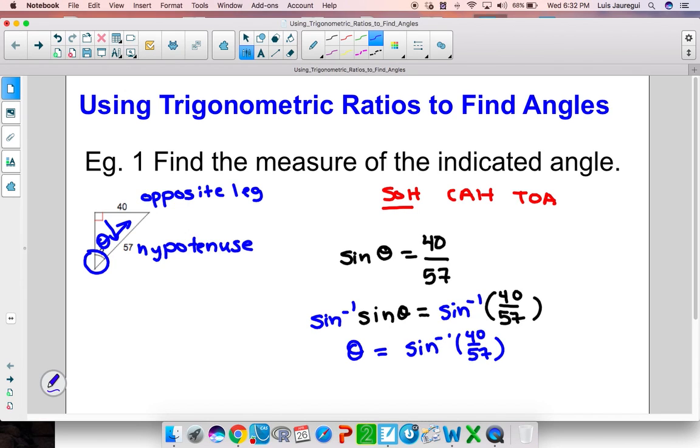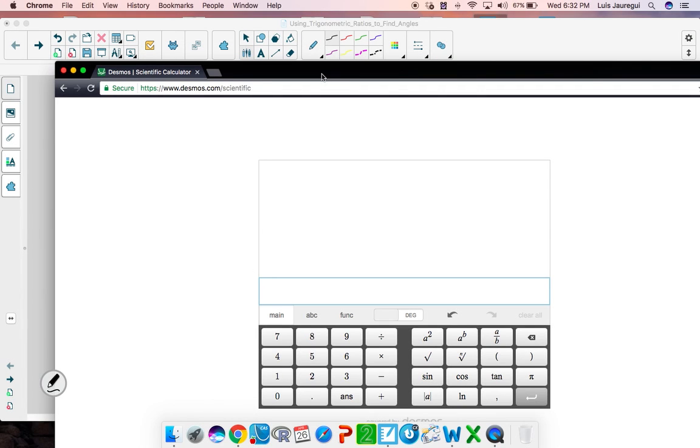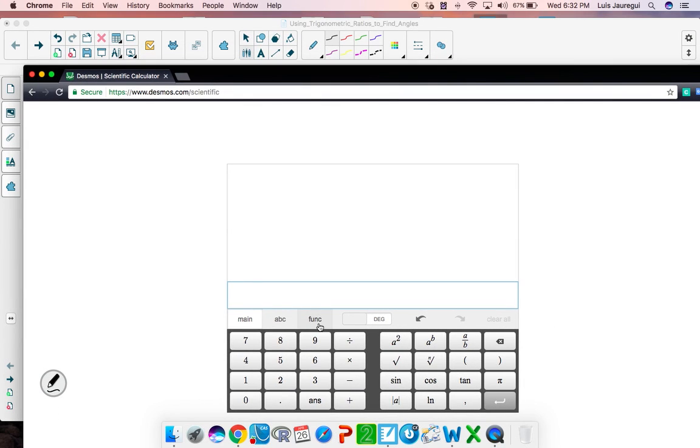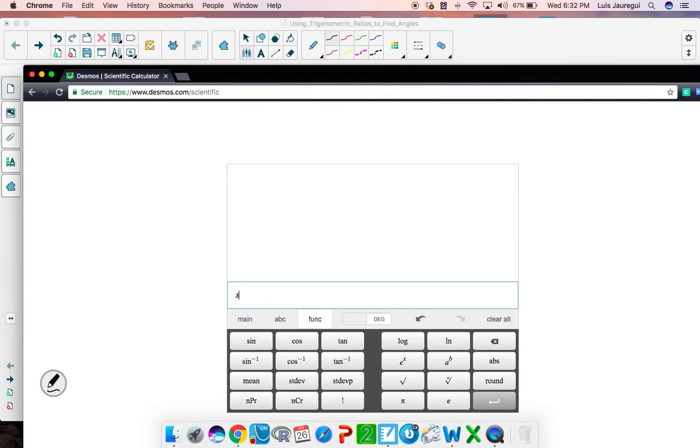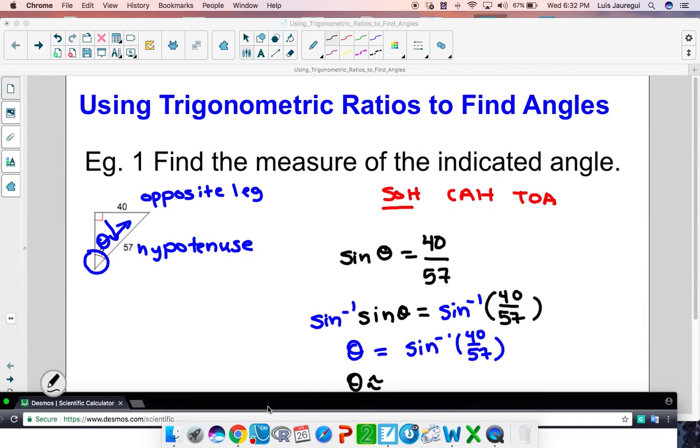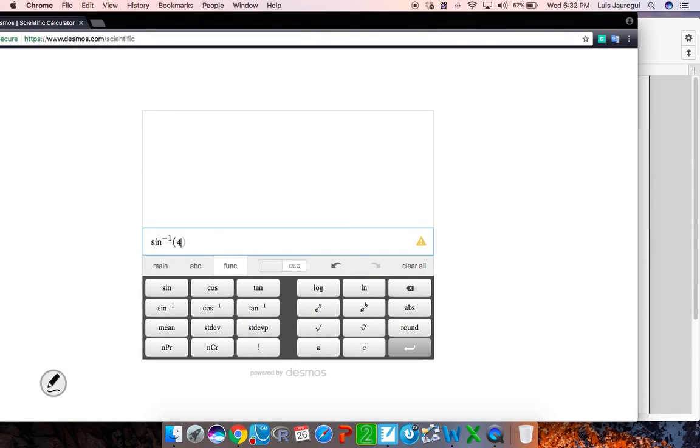Now, how do we get a good approximation for this one? Well, since we have the inverse, we can get an approximation using a scientific calculator, or we can use the decimal form. So let me look for a function. I'm going to find sine inverse. Notice it's here. So I have sine inverse of 40/57.